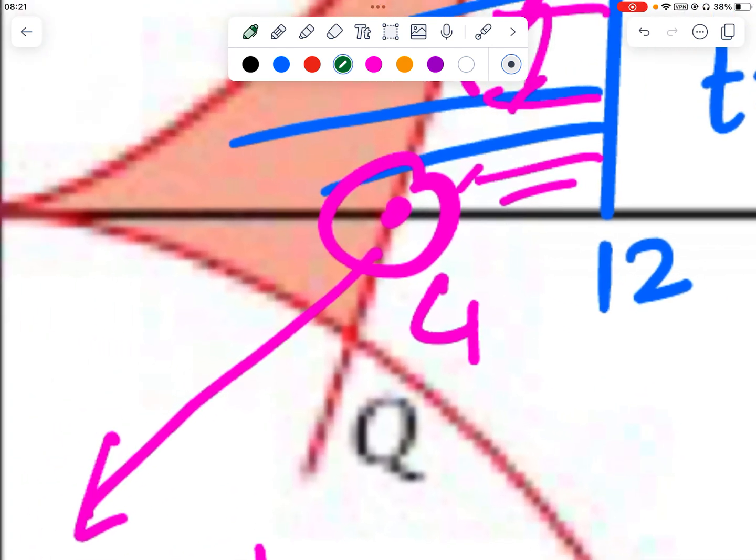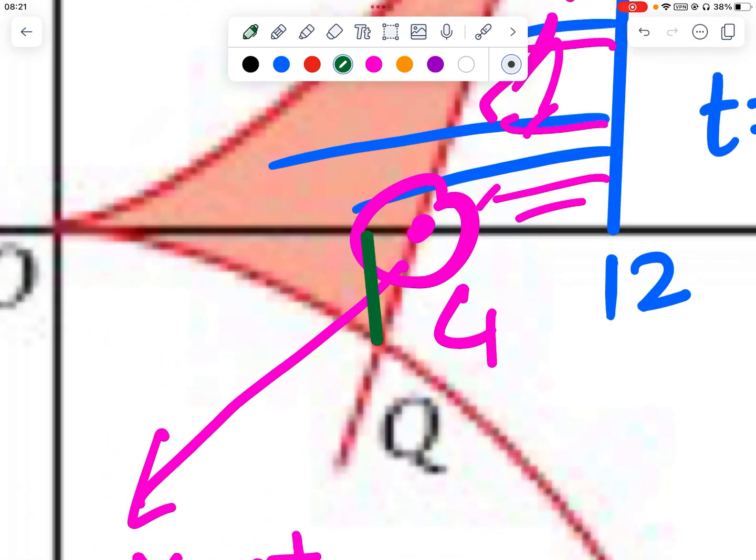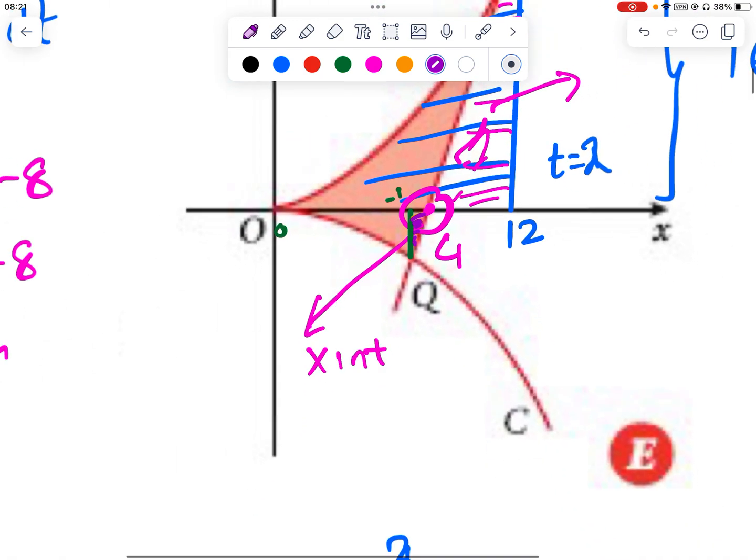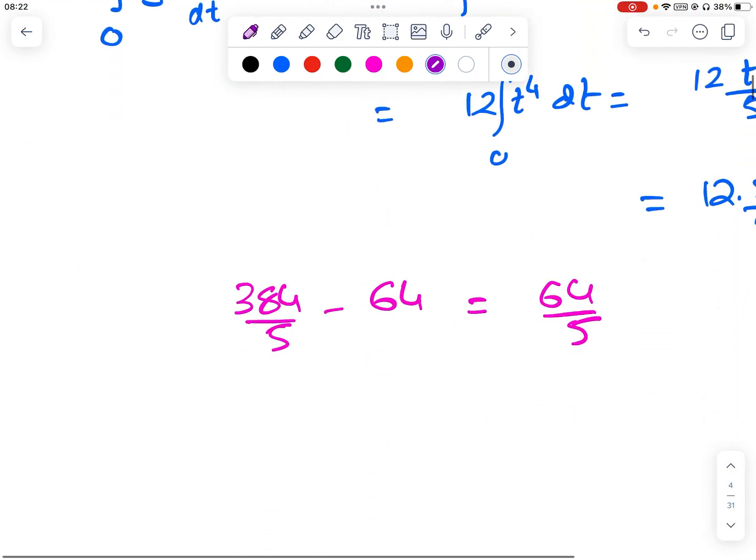When we zoom in, we see that this part is below the curve from t equals 0 to negative 1, and the extra thing is the area of the triangle. I have to find the area of the triangle. So first of all, I'll find the area under the curve.